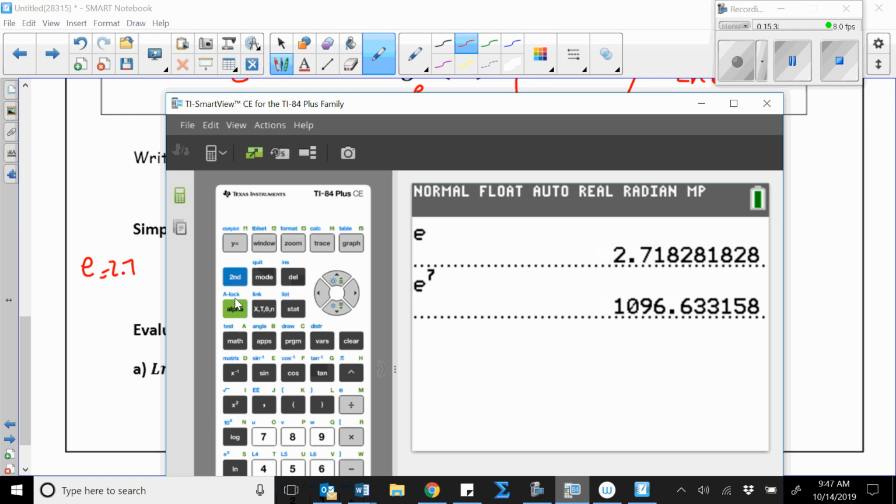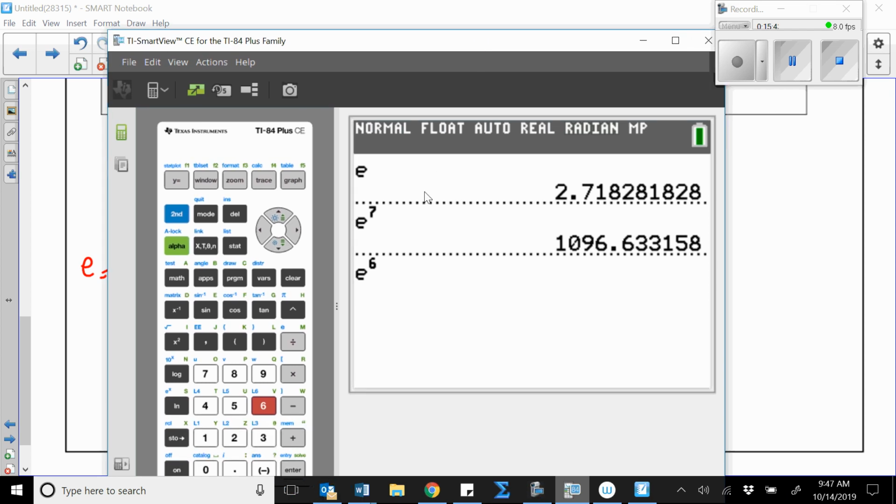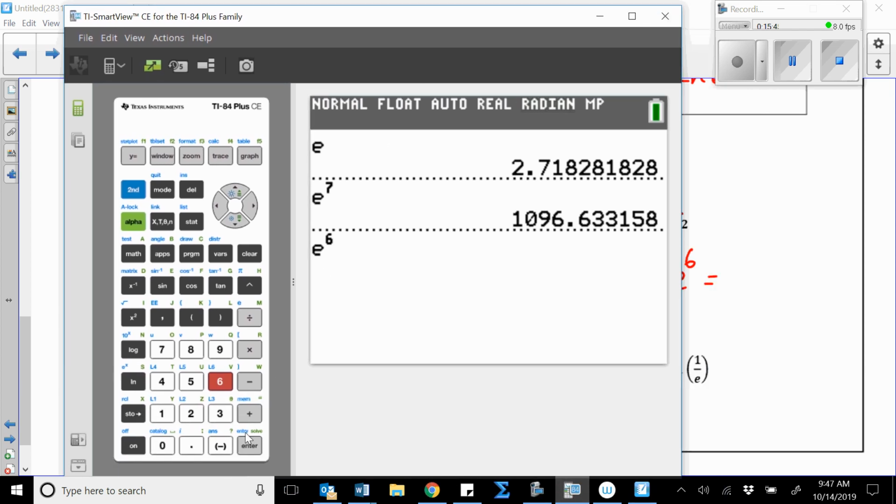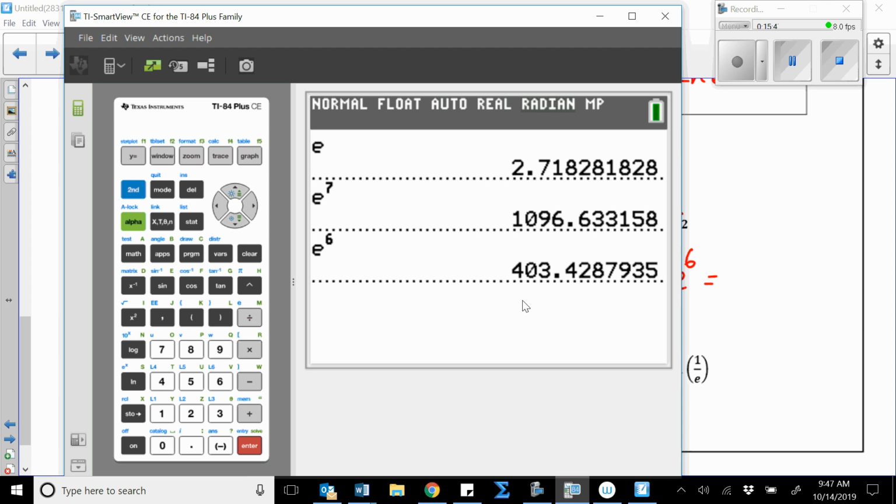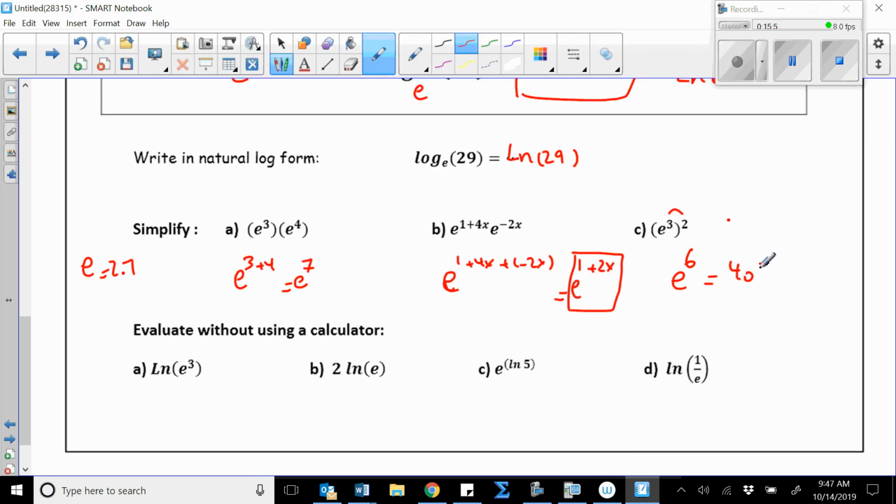We go to second ln, e to the power of 6. If you press enter, it's 403 and something.